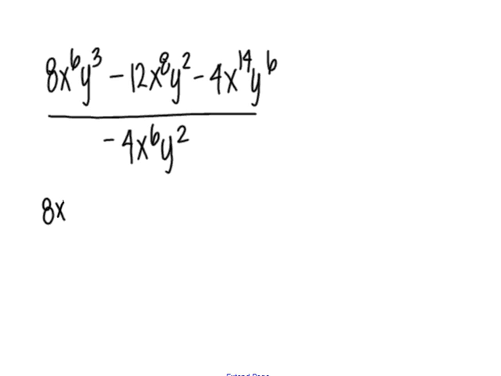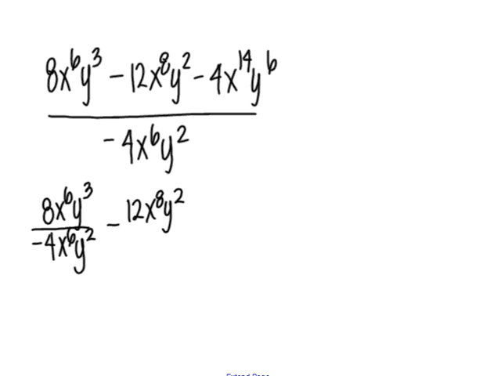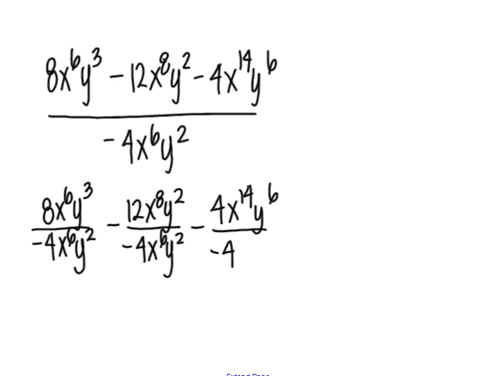So we get 8x to the 6th y cubed over negative 4x to the 6th y squared minus 12x to the 8th y squared divided by a negative 4x to the 6th y squared minus 4x to the 14th y to the 6th divided by negative 4x to the 6th y squared.